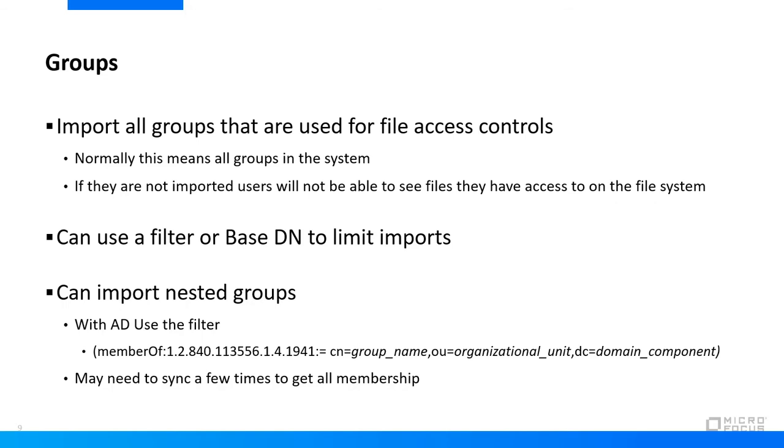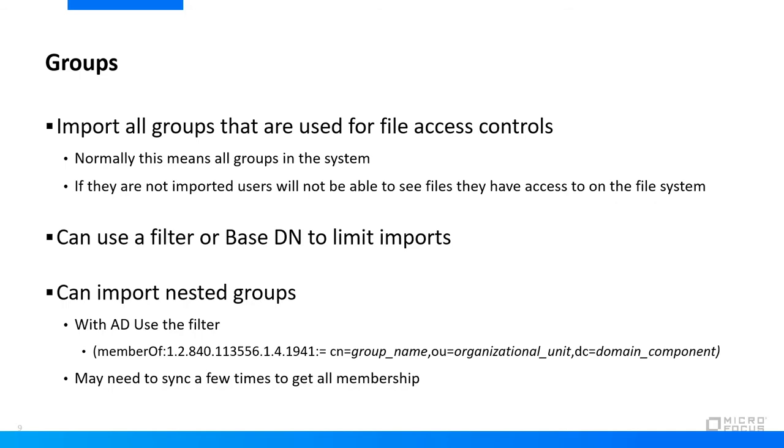And typically, because people don't know which groups have been used for that over the many years that the file system has been in place, typically you'll want to import all the groups that you have in your system. We can use a filter or use a base DN to limit the imports of those groups, and indeed we can import nested groups if we wanted to.